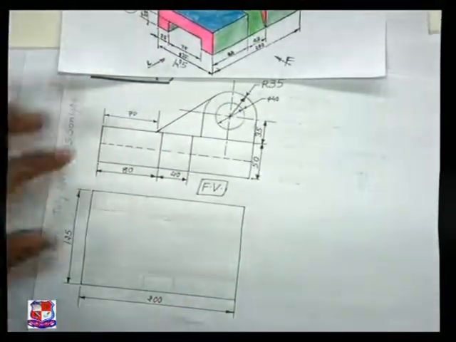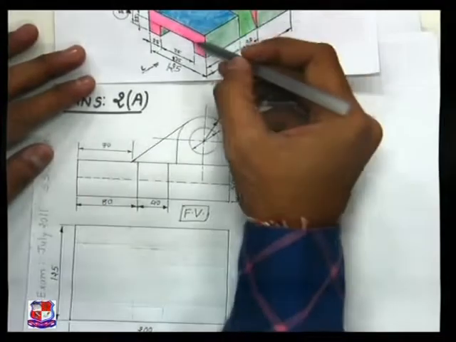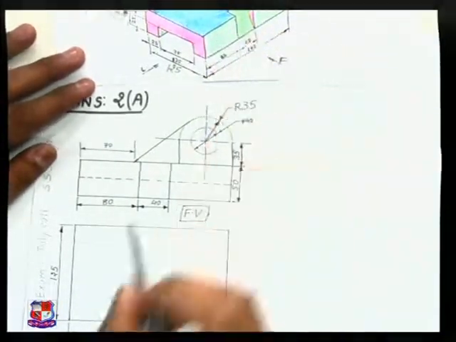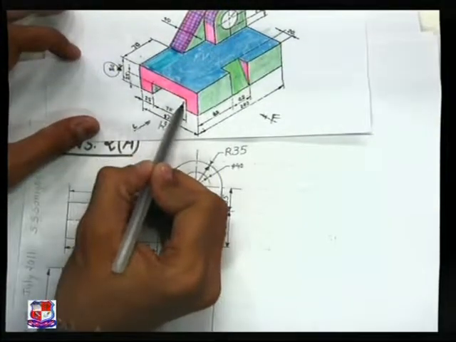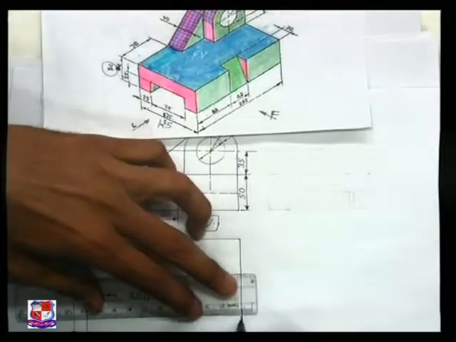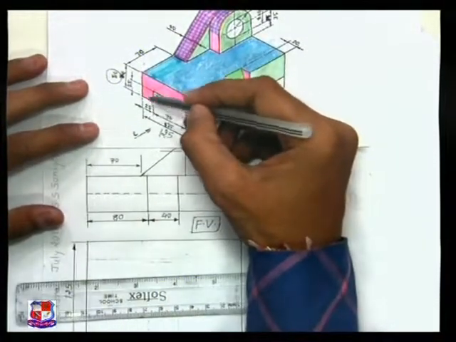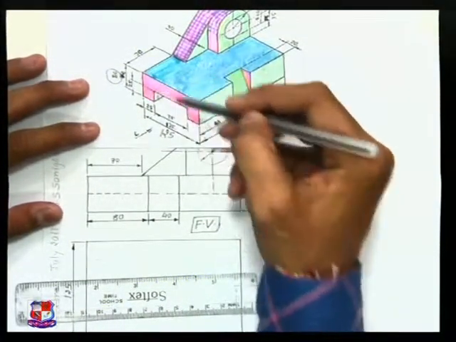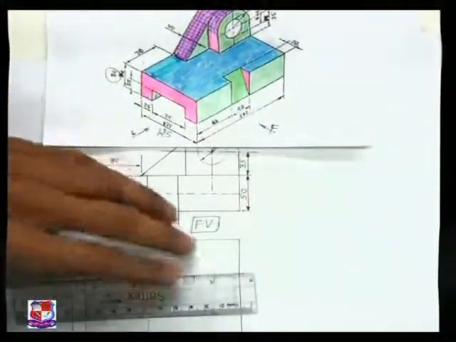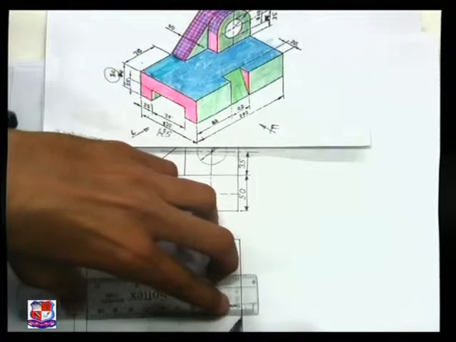Now if you are looking from the top side, these two edges which are below this portion would not appear, so they should be represented by a dotted line like this. The distances are known to us. This distance is 25 mm from here to here. This distance is also 25. So 25, 25 on both sides. Draw dotted lines like this.